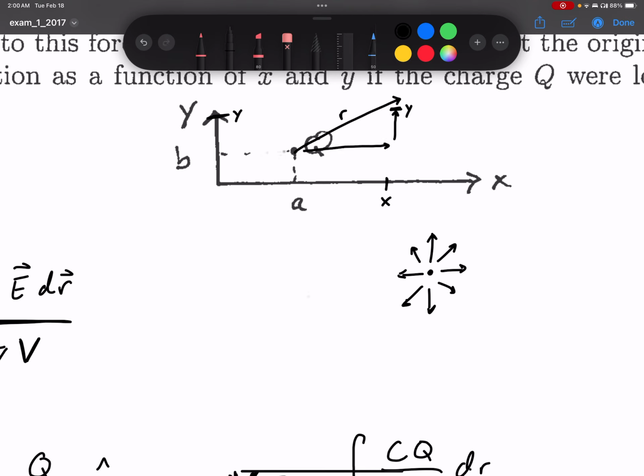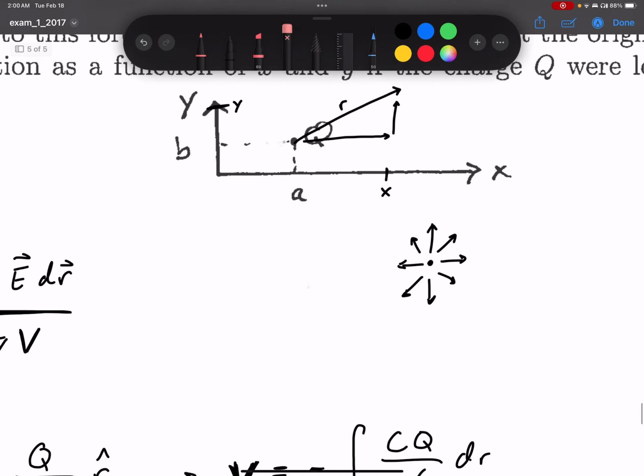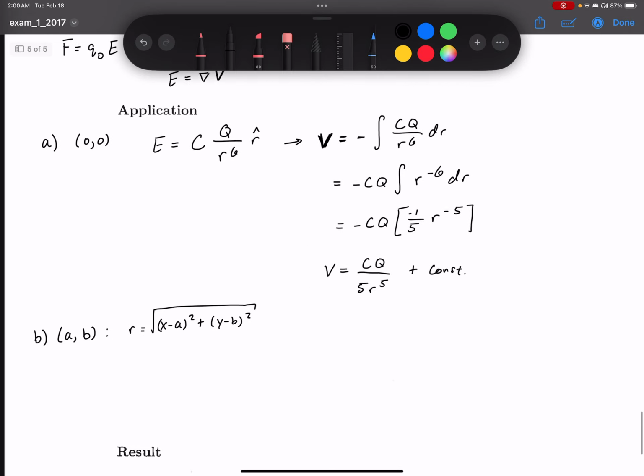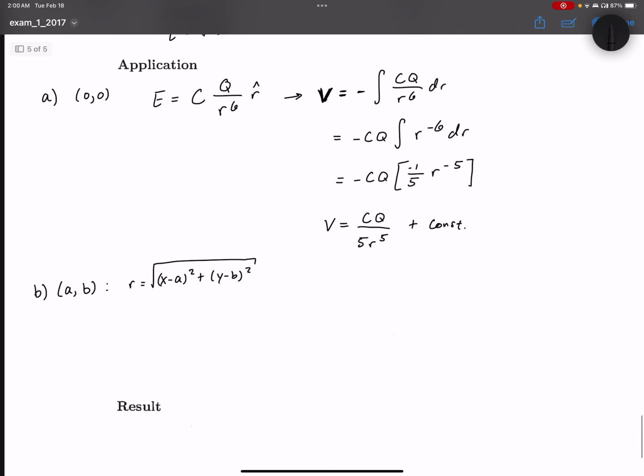To find the length of this component here, we would just subtract a, because this is a and this is x. So to get this distance, we just subtract a from x. Same thing for y. That's where the components are coming from, and then you use the distance formula to find the magnitude, or length, of r.